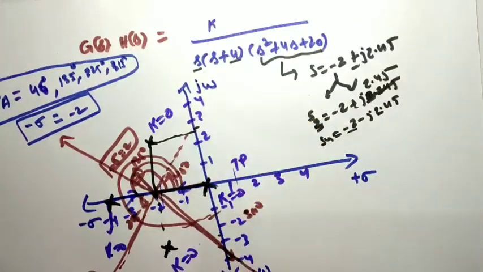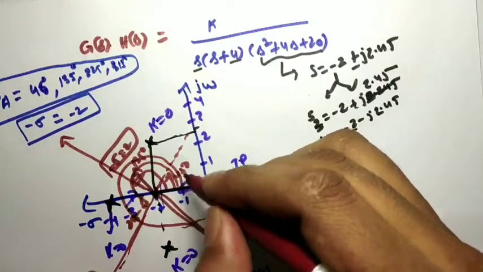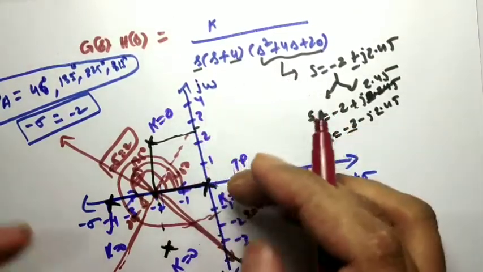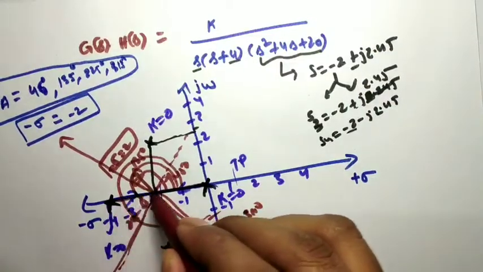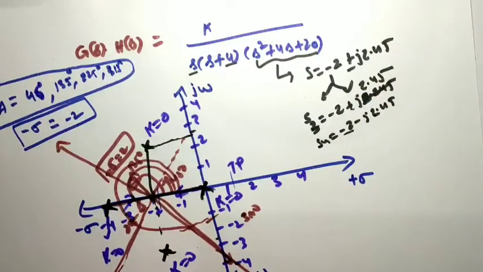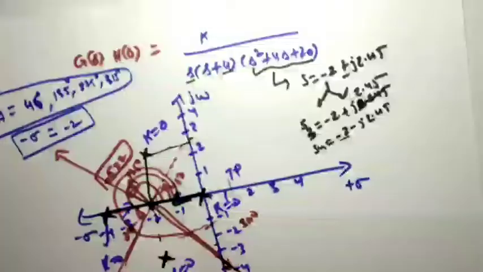So what happens is these roots will move in these directions. If this pole is moving in this direction, and this pole is moving in this direction.